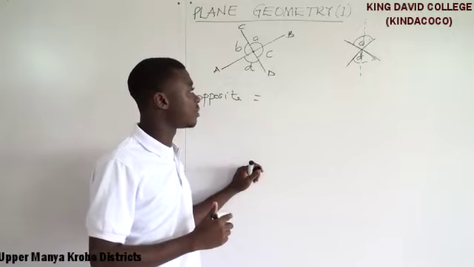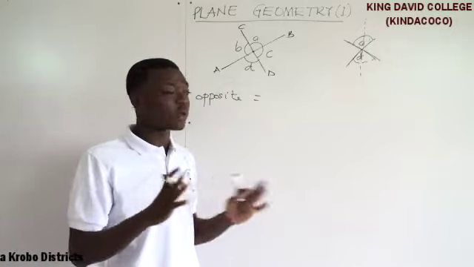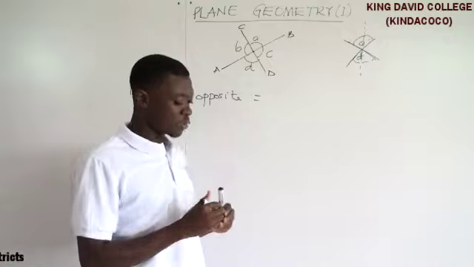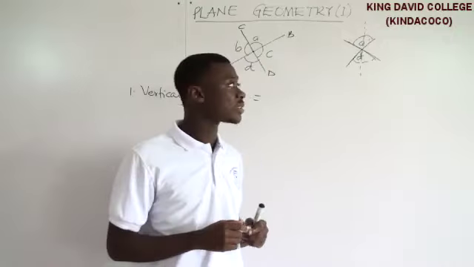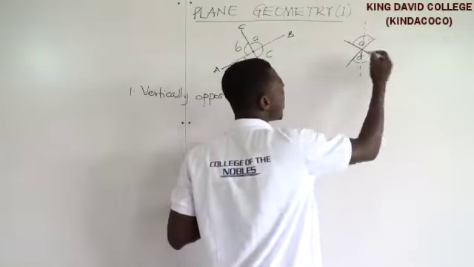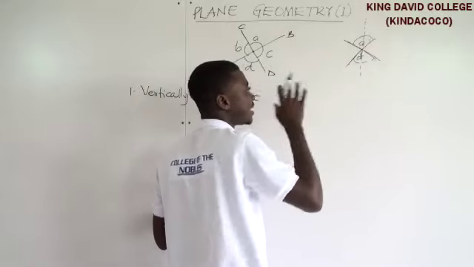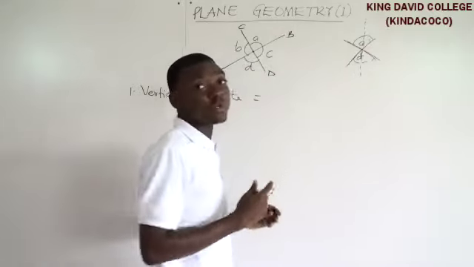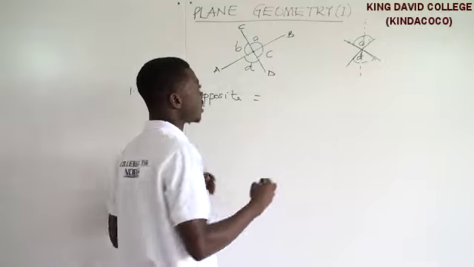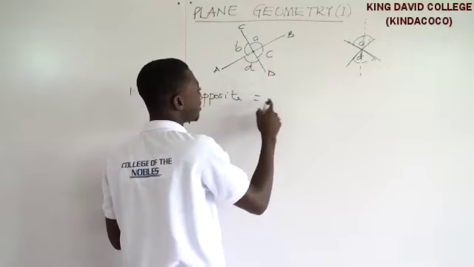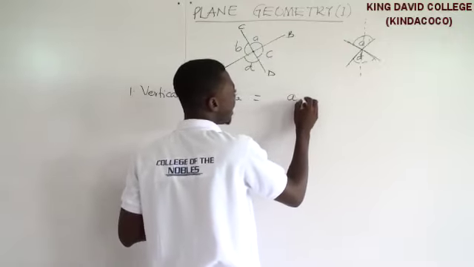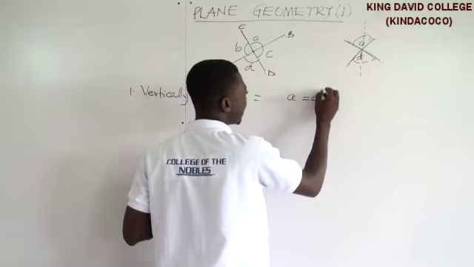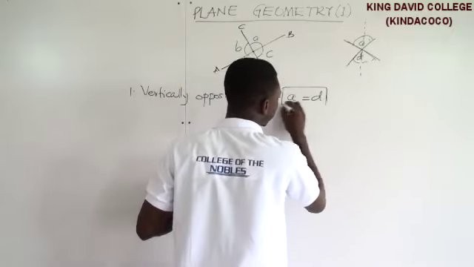Vertically opposite. And that means that the two of them are the same. So vertically opposite angles are formed by the same lines that are intersecting, at the opposite sides of the line. So in that case, due to vertically opposite, then we say A and D are the same.